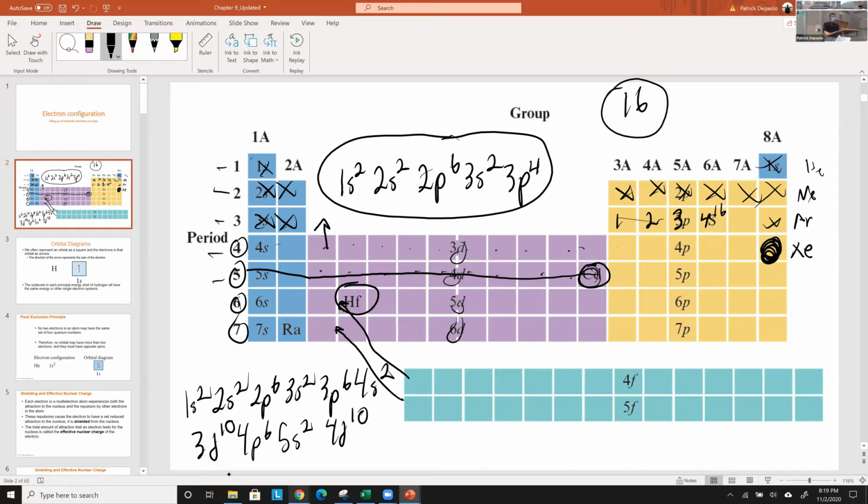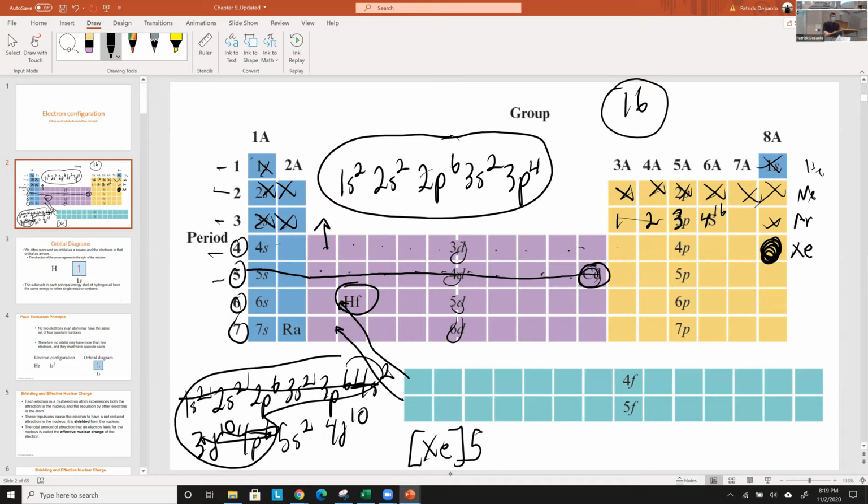So that means you can take all this stuff that happens before xenon and bundle it up as xenon. So we can say that the actual configuration for cadmium is in brackets, Xe. You can only do that for noble gases.